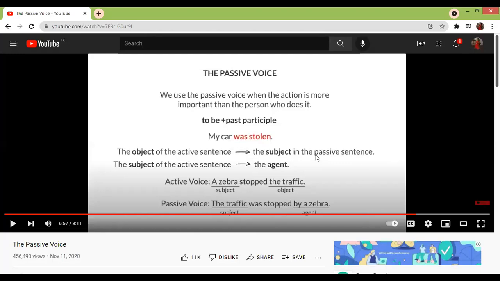So the subject is the zebra and the traffic is the object, right? So then if we move it into passive voice sentence, the traffic was stopped by a zebra. Then the zebra becomes the agent. Yes, so this is the basic structure when it comes to passive voice.